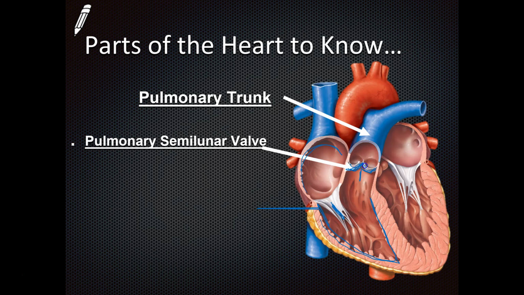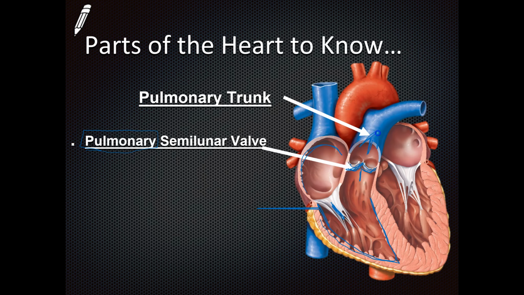And pulmonary is always referring to lungs. If you think of, how do you say lung in Spanish? It's pulmón. So pulmonary is referring to the lungs, and it has that same root, pulmonary, as in pulmón, okay? So the blood's going to go through the pulmonary semilunar valve into this trunk right here.